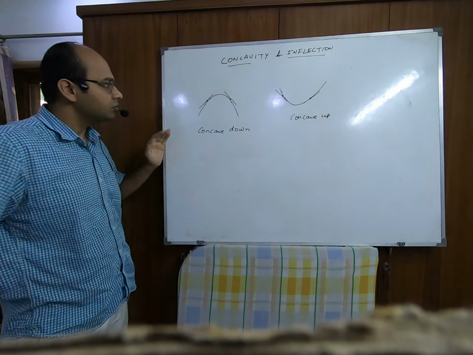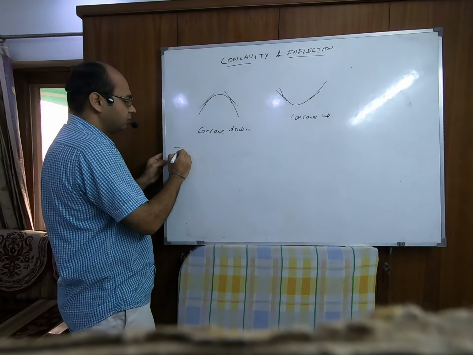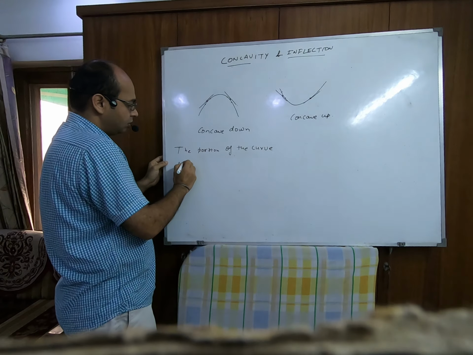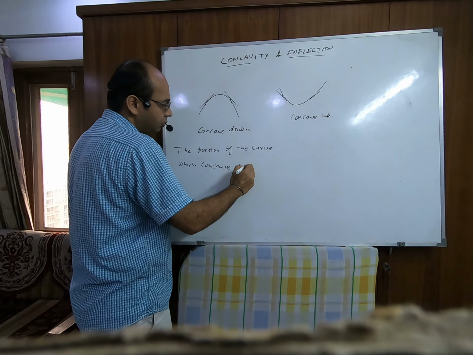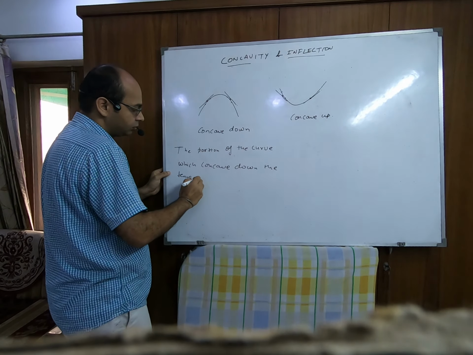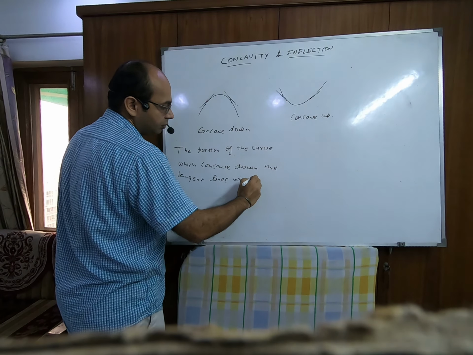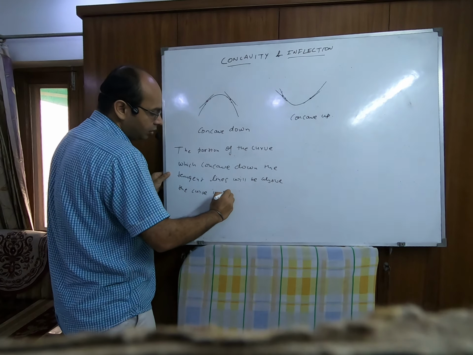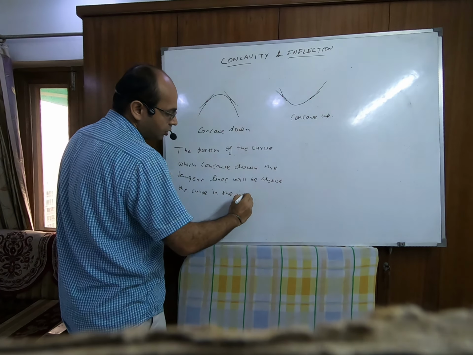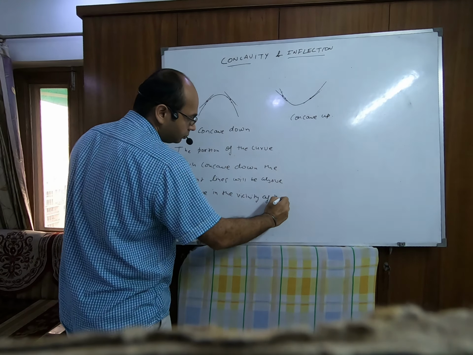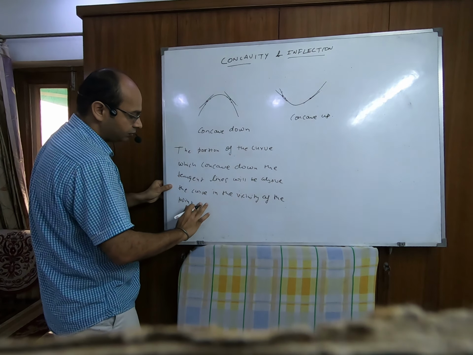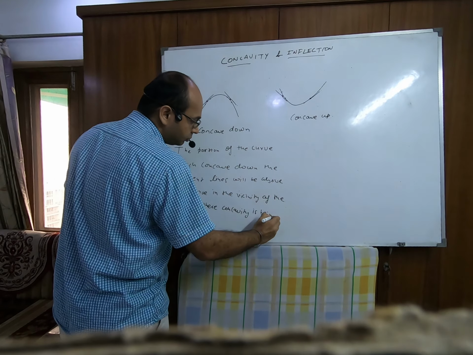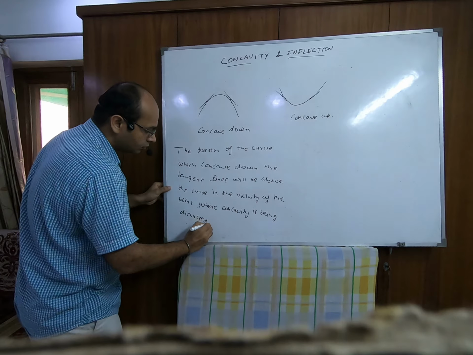In the portion of the curve which is concave down, the tangent lines will be above the curve in the vicinity of the point where concavity is being discussed, right?